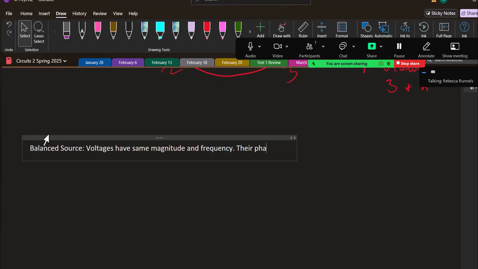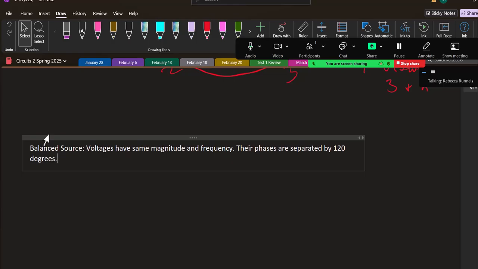Are their phases equal? 120 off. Yeah, their phases are separated by 120 degrees. And it doesn't matter if it's positive or negative sequence, that's still balanced. Okay, so that's a balanced source.